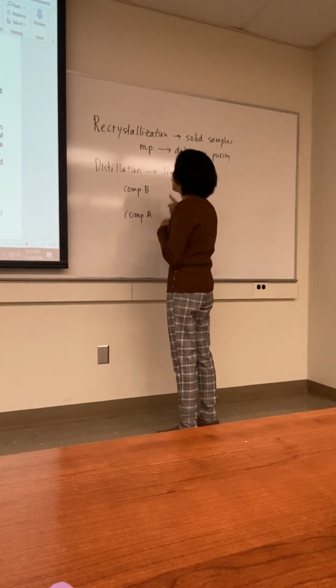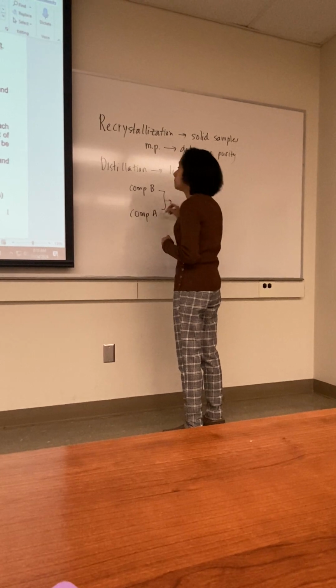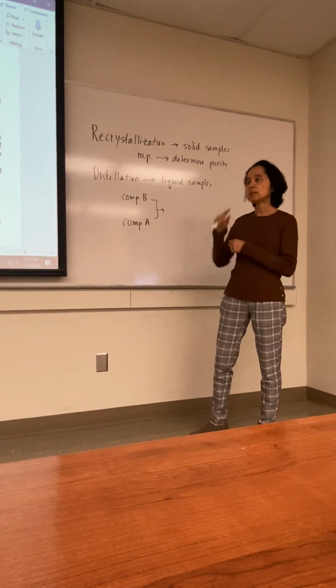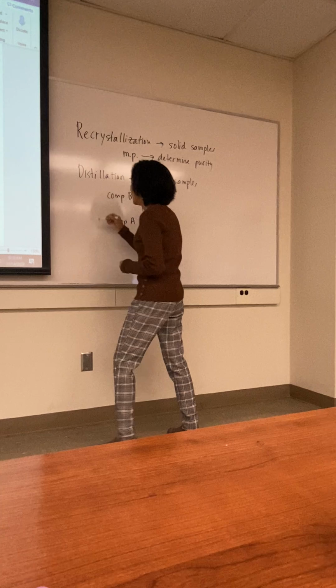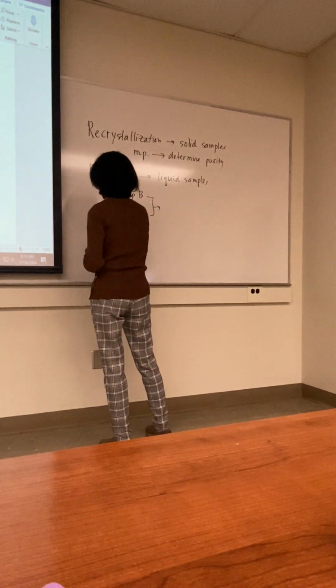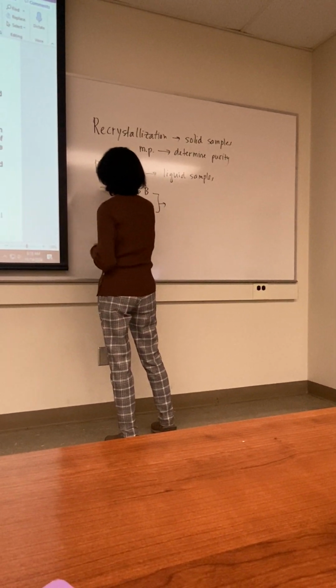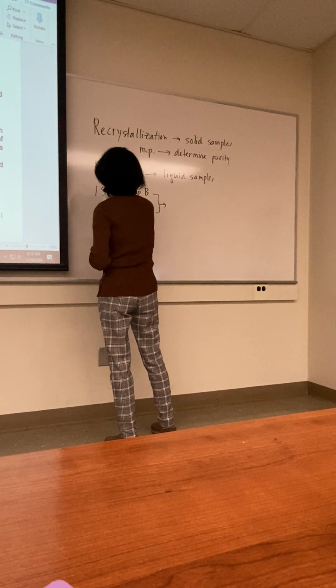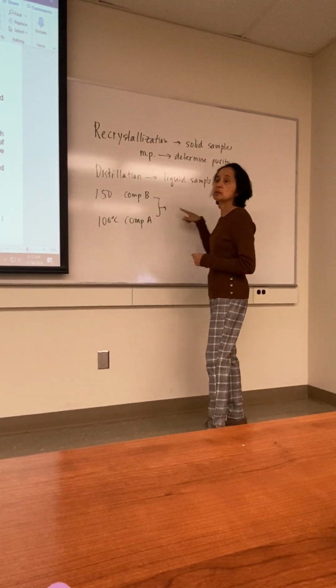The boiling point of the mixture is going to be in between. So for example, say this is 100 degrees C, maybe this is 150. The boiling point of the mixture is going to be in between.